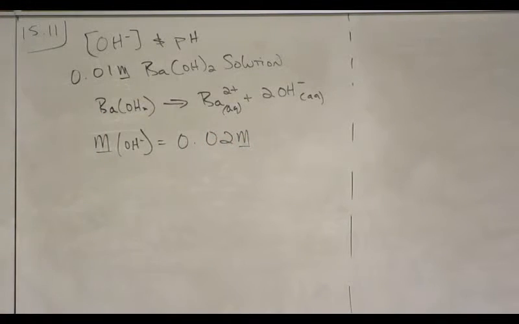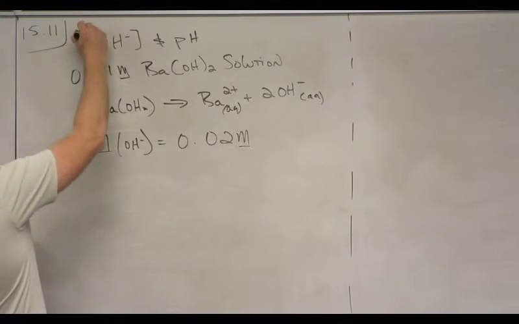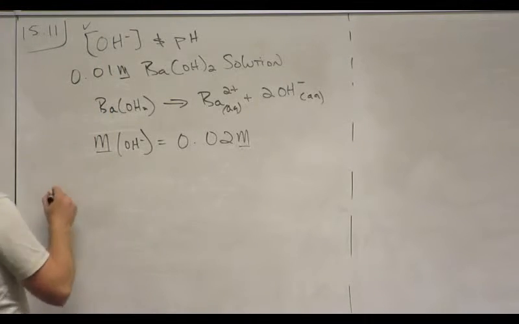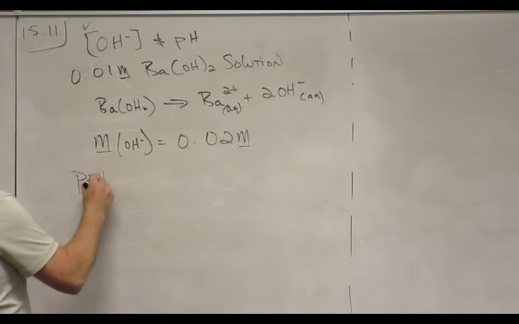So you get two hydroxides out for every one formula unit you're starting with. We found the OH minus concentration, that was easy. Next thing we want to do, might as well find the pOH.